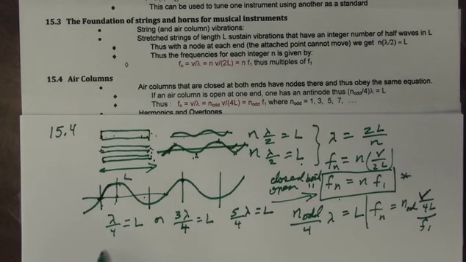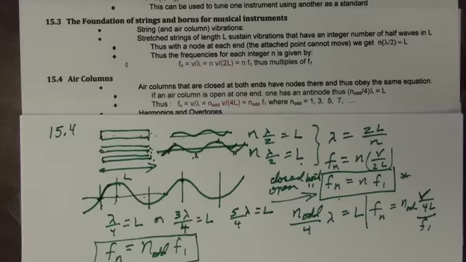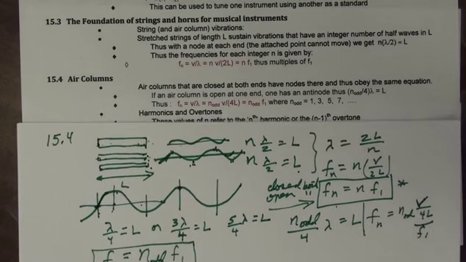And so in general, we can say the frequency of the nth one is an odd integer times the first. So it turns out that if the column is closed at one end and open at the other, I get all of the odd harmonics, but not the even harmonics, which I get in the other circumstances.